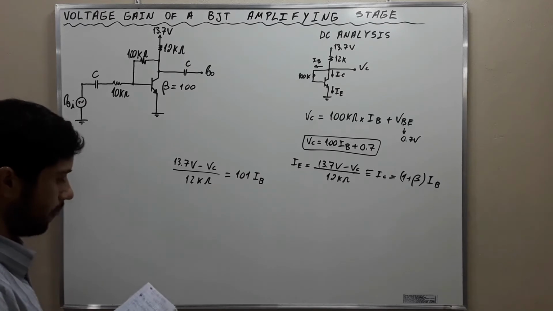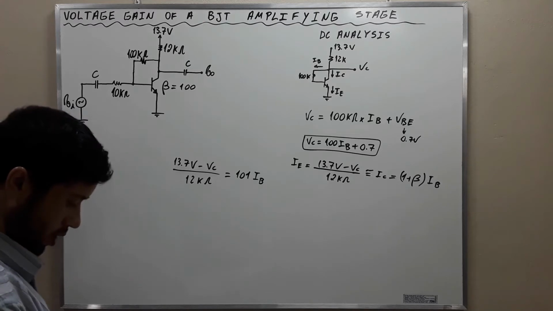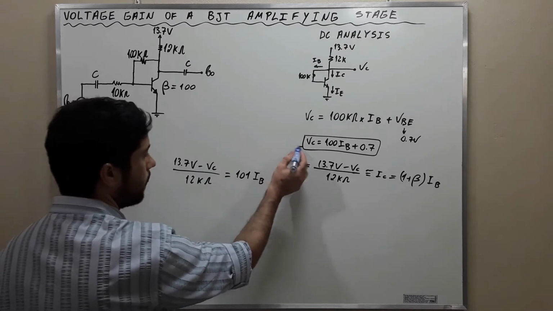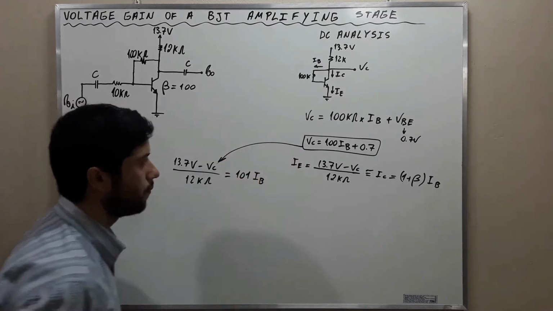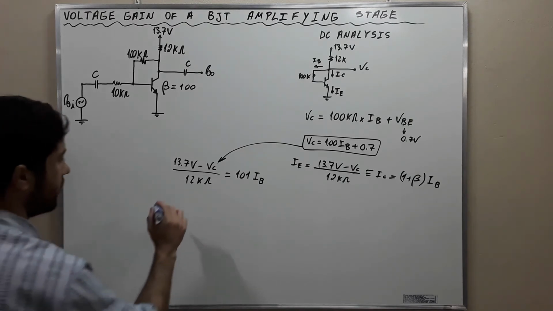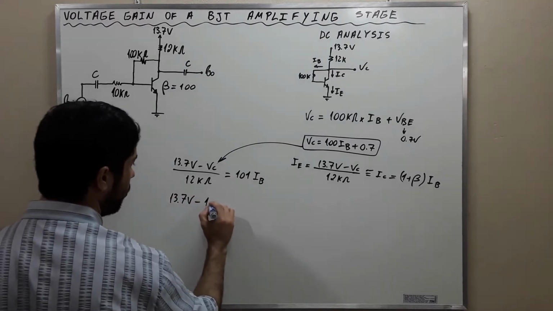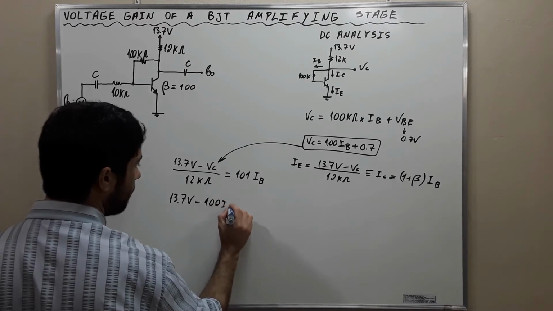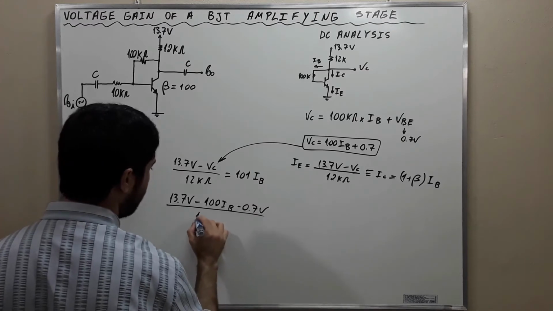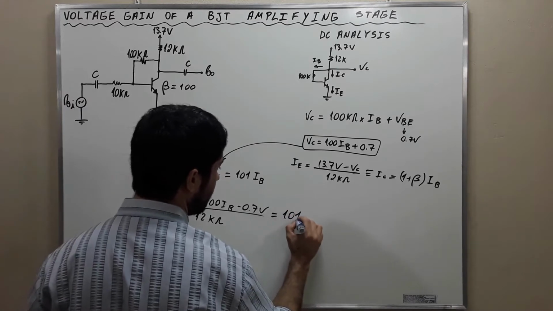And developing this, we're gonna use this here. It is going to be 13.7 volts minus 100 IB minus 0.7 volts divided by 12 kilo ohms, which is equal to 101 IB.